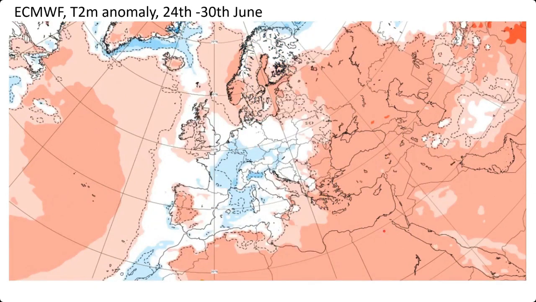And then for the third week, the anomalies are getting weaker, but we still have cold air in western and Middle Europe, and in the northern part a bit positive anomalies, and also in the eastern part of Europe and in Spain and over the UK and Ireland.